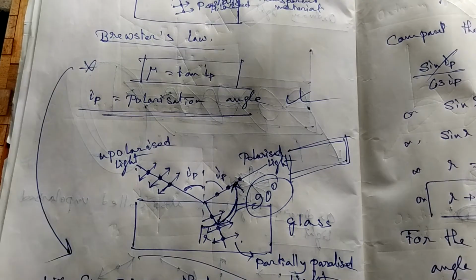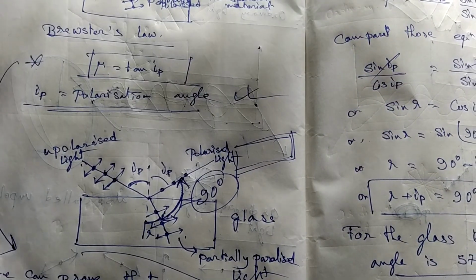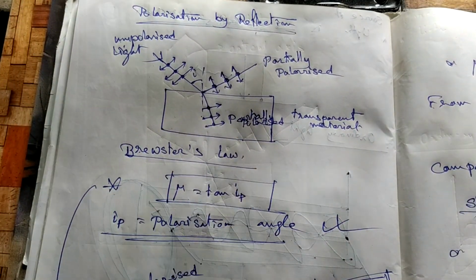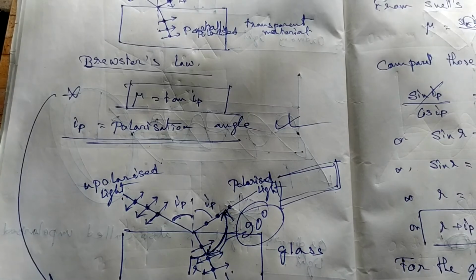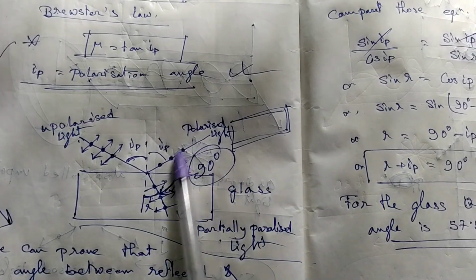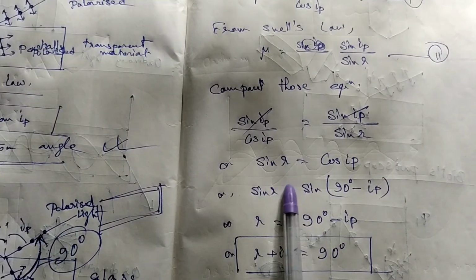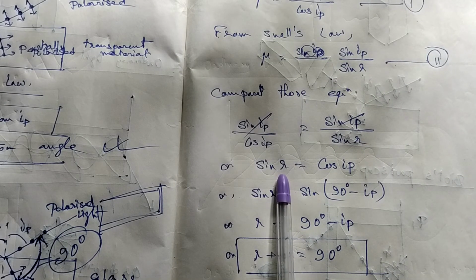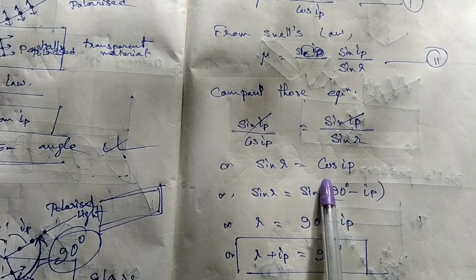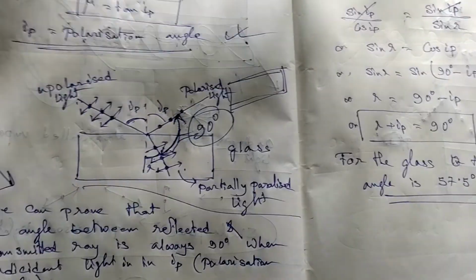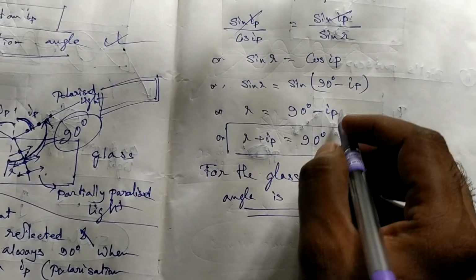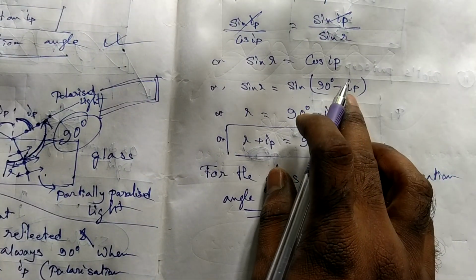Okay, so in today's lecture we have to know how polarization by reflection happens, what Brewster law is, and what the polarization angle is. From the Brewster law we can easily prove that the angle of transmission and angle of reflection are always 90 degree.